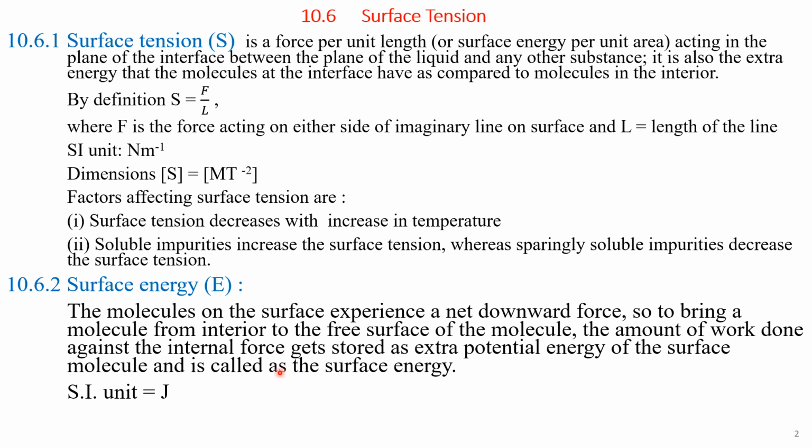The SI unit of surface energy E is J, that is joules, and the dimensions of E are E equals M L square T to the power of minus 2.